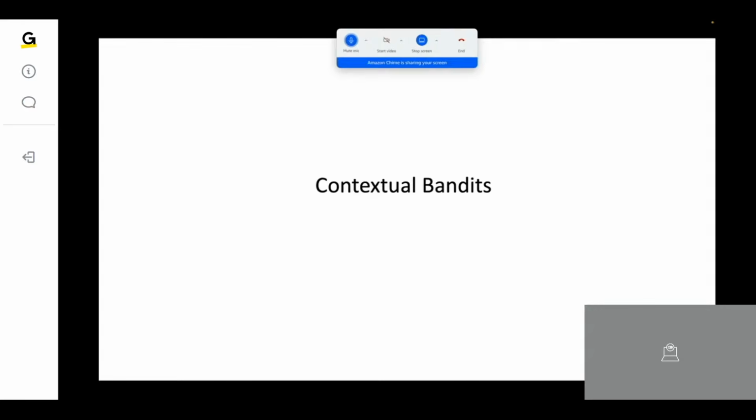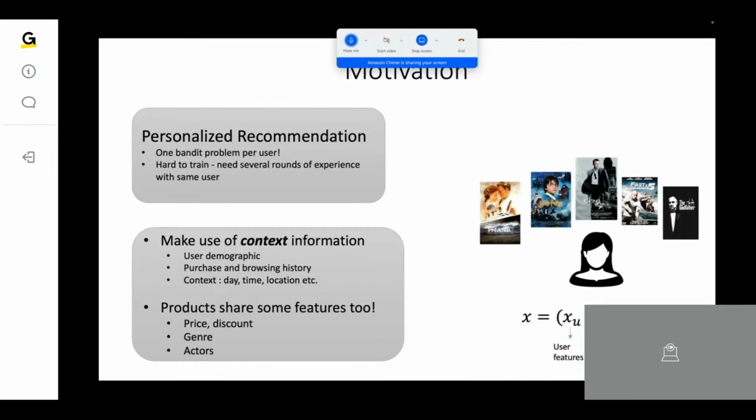Now the reason we need contextual bandits is we want to go one step further and recommend items that are personalized for each user, right? So we want to give items that a user would like, and one way to solve that problem would be to treat it as a multi-arm bandit problem for each user.